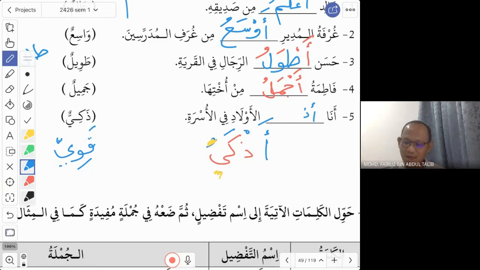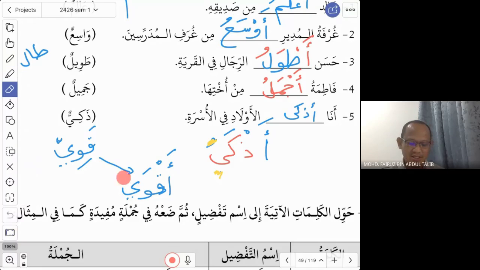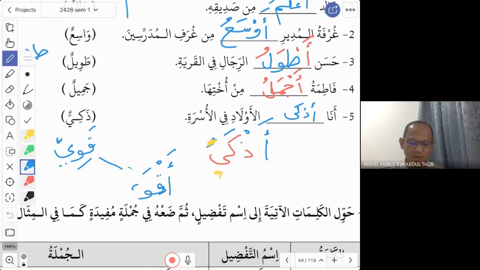Aqwa, yes, correct. Originally we should read aqwayu, but again it is similar to azkayu, a bit difficult to read. Therefore they remove this and this, so it becomes aqwa. So zaki becomes azka, kawi becomes aqwa.